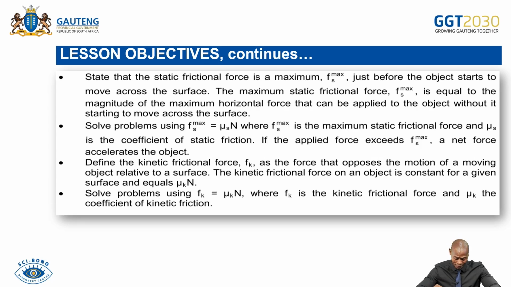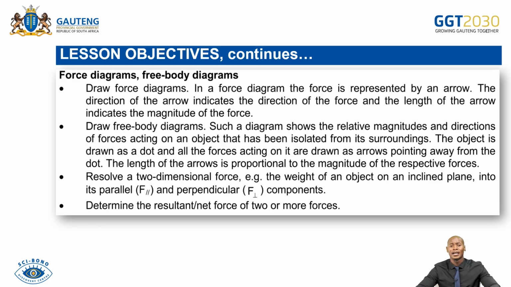Also talking about the relationship between the normal force and the frictional force, okay? Then when it comes to free body diagrams and force diagrams, it will be drawing force diagrams and free body diagrams, for all the scenarios. So we'll address the scenarios as we move on, okay?